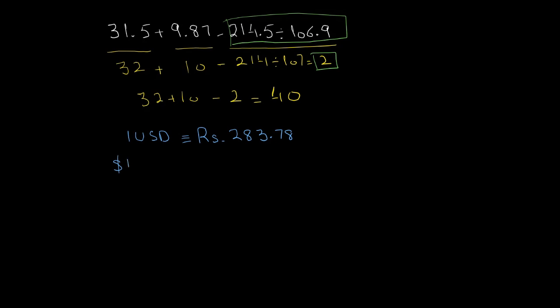So if you have $125 and you want to convert it, well, that's going to be equal to 283.78 multiplied by 125. Now that calculation is painful, but what I can do is very quickly make two approximations. I could approximate this as 300, and I could just multiply it by 125. That's one way to do it.